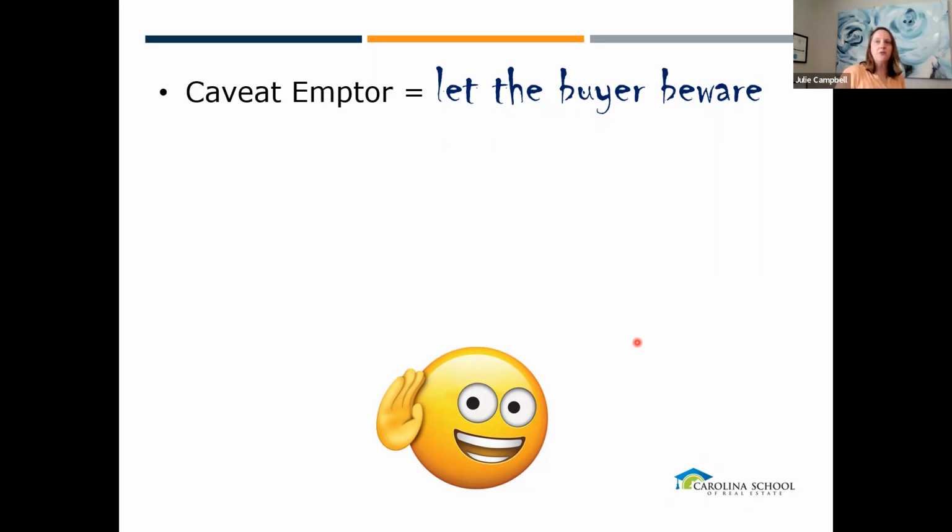The seller is protected, is covered under caveat emptor. The onus to learn about the property is on the buyer. And when the buyer hires an agent, we take on that responsibility with them. So caveat emptor, let the buyer beware.